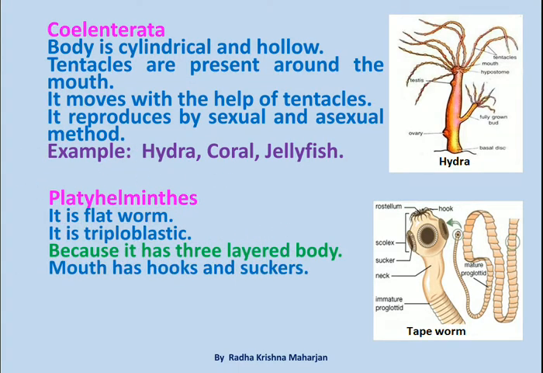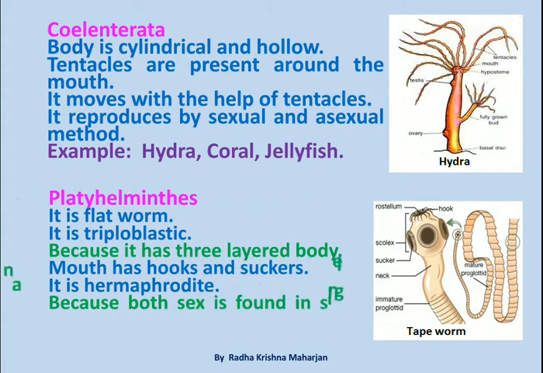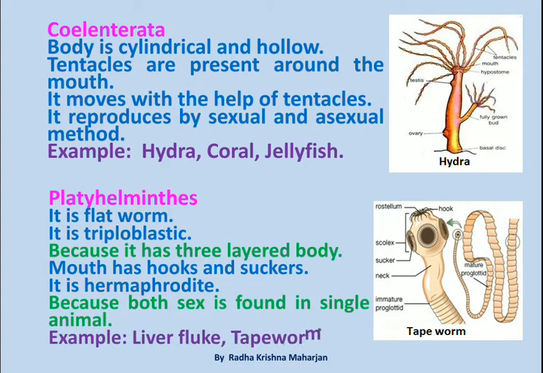Mouth has hooks and suckers. It is hermaphrodite because both sex is found in single animal. Example: liver fluke, tapeworm.